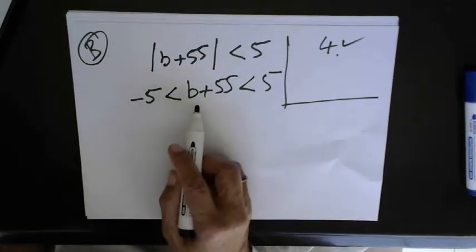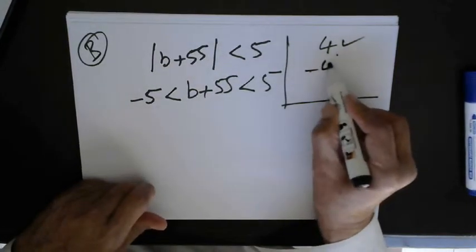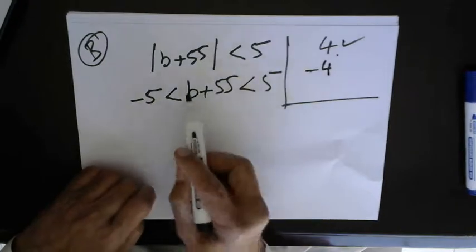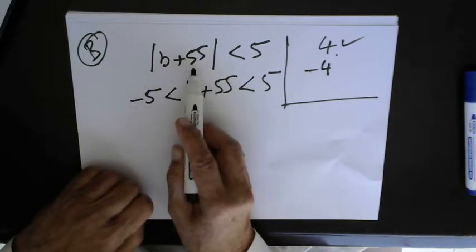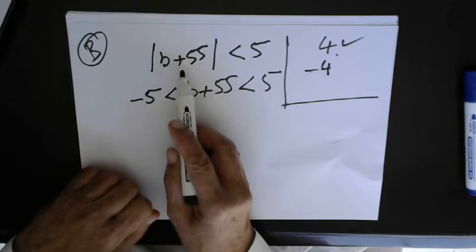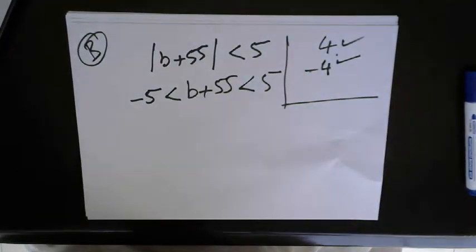And this should be greater than minus 5, so let us take minus 4. If I write minus 4 here in place of b plus 55, the absolute value will be 4, and 4 is less than 5, so this is also working. I hope this point must be clear to you.